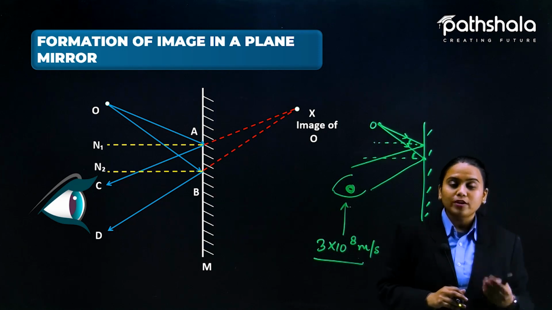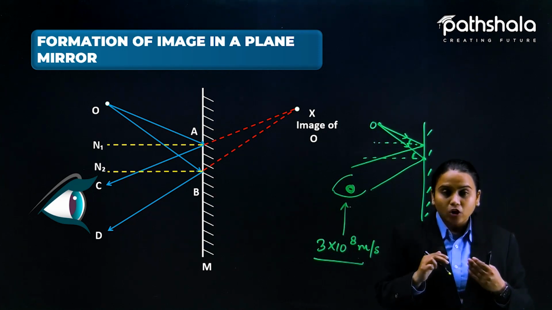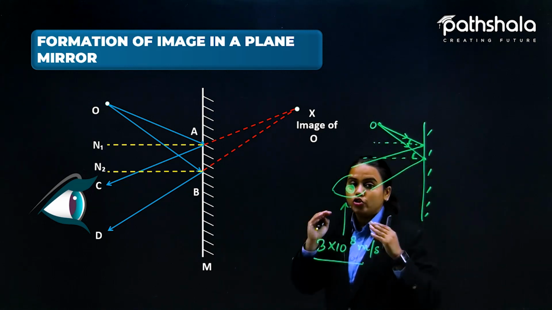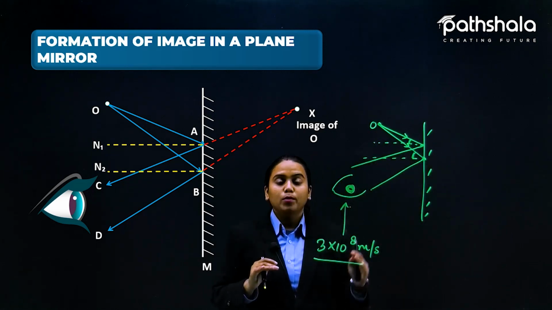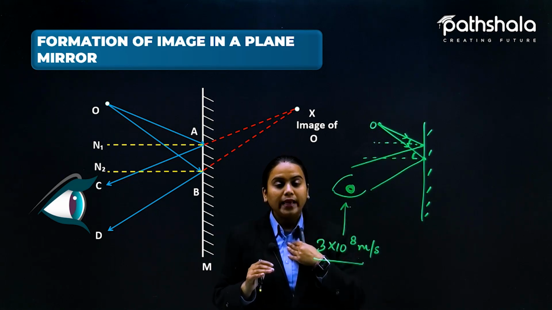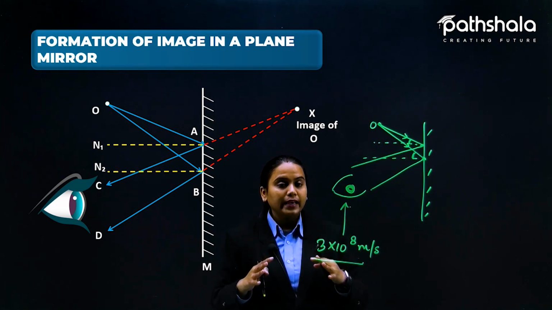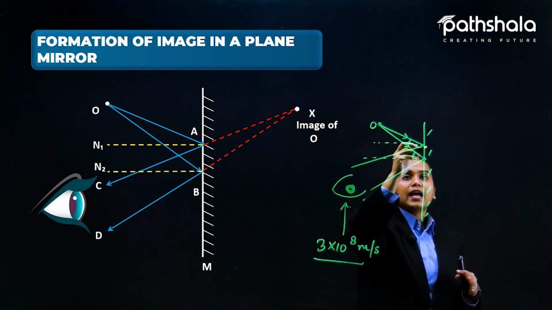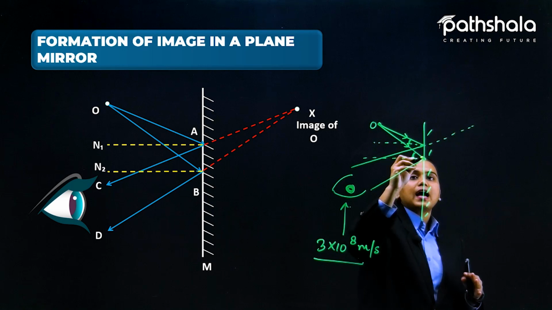So what we perceive is not the bending of light. Our eyes cannot judge that the light could bend. Our brain thinks that the light is not bending and is actually coming from the back side.